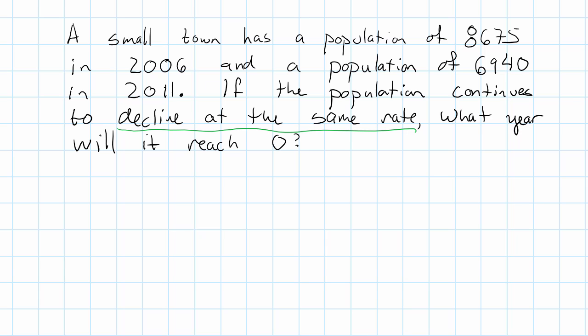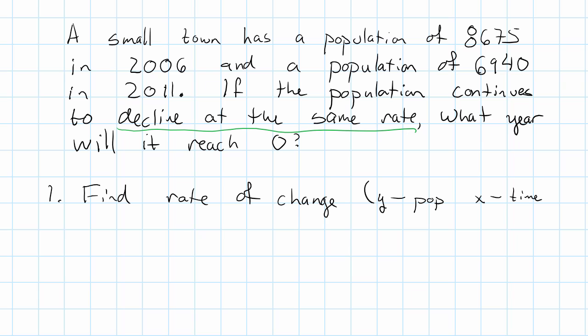So our first step is going to be to figure out the rate of change. And I think that population is changing relative to time. So we'll make our y quantity the population and our x quantity the time. Okay, so the starting time is 2006. The final time is 2011.